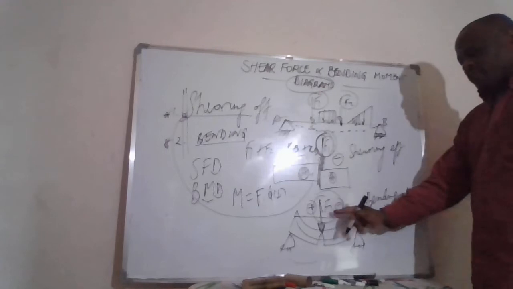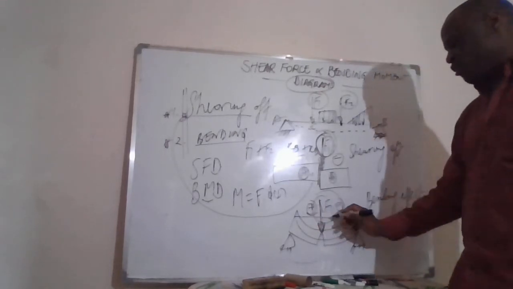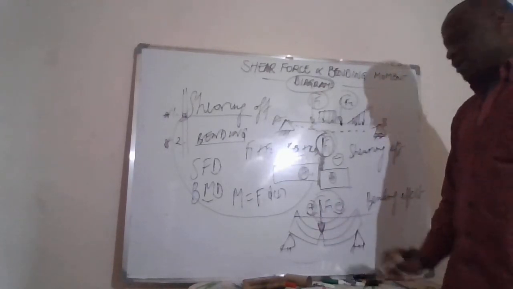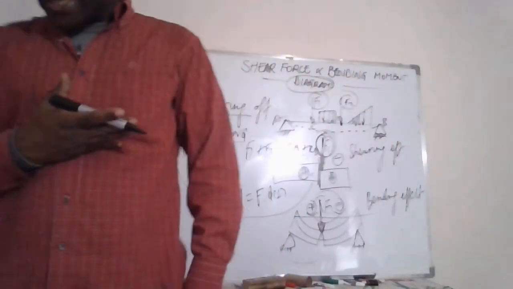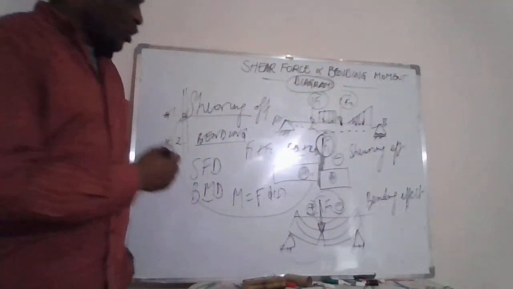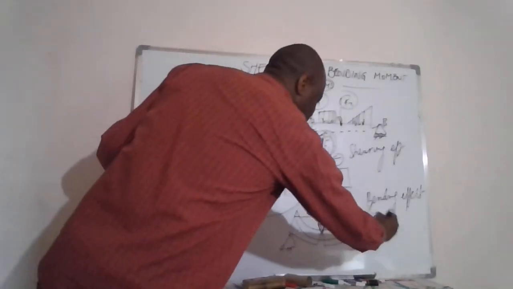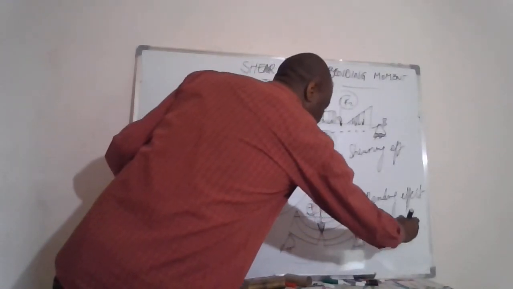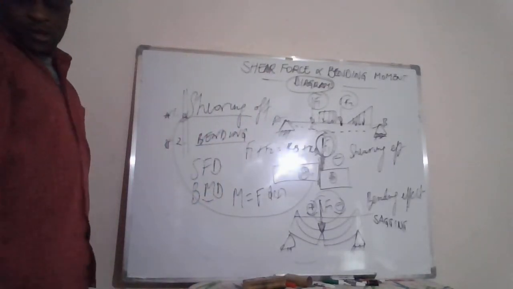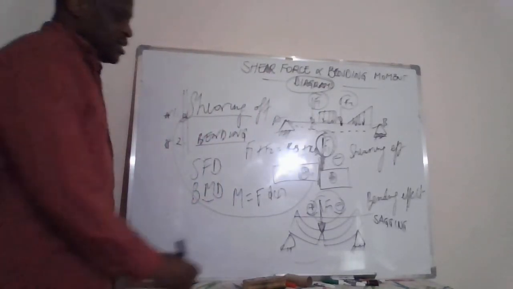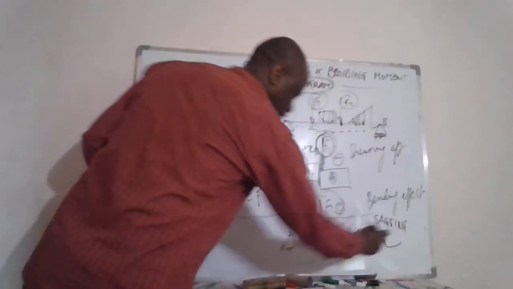Now, for the bending moment, we have also positive bending moment and negative bending moment. Positive moment is known as a sagging moment. It's when the beam is deflected in this configuration.